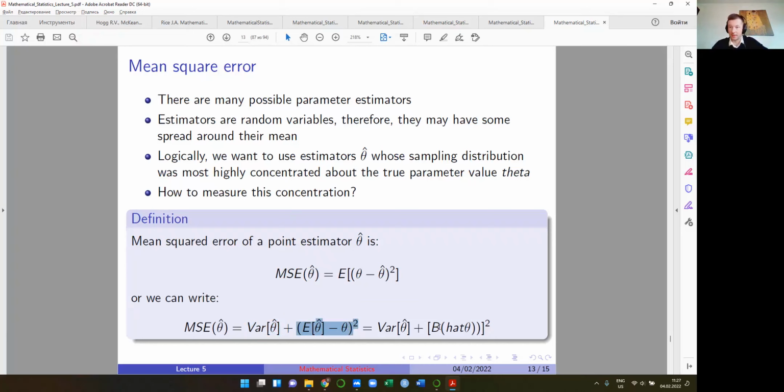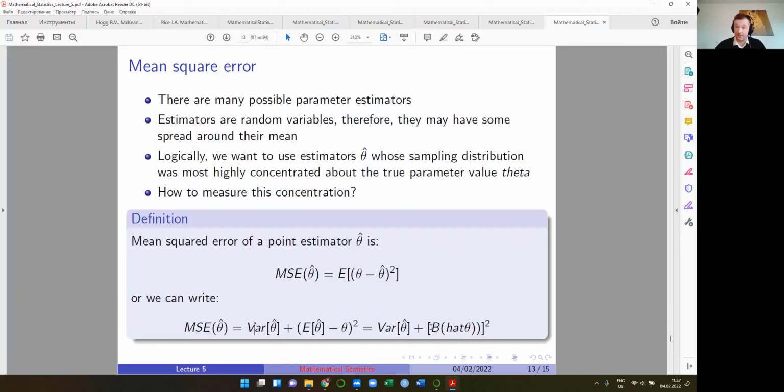This is the bias of our theta hat. Therefore, this mean squared error consists of two parts. One part is the variance of an estimator. The estimator is a random variable, and every random variable has a variance.